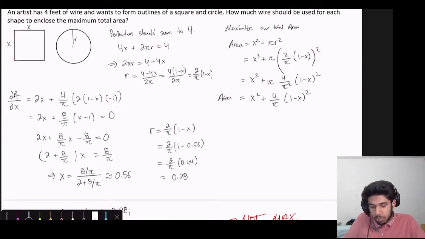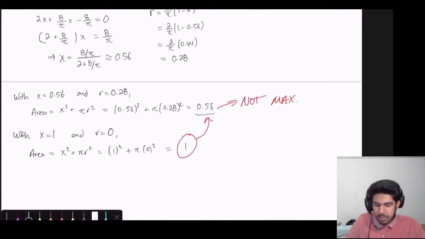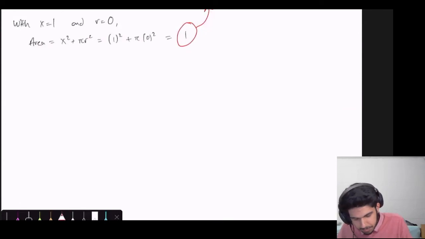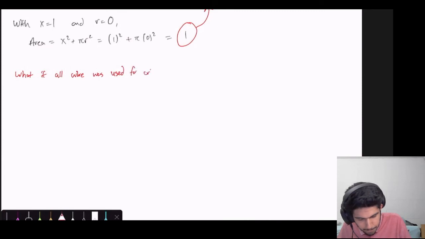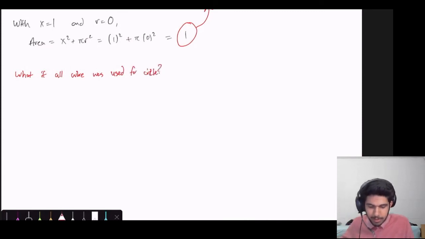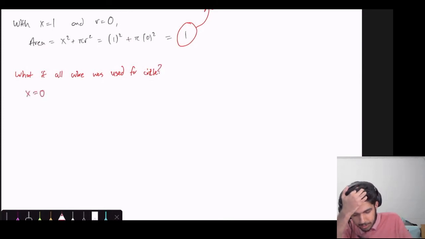Now you're thinking, okay, I said what if we just put all of the wire for a square? Why don't we just put all of the wire for the circle instead? So what if all wire was used for the circle? Then we have x equals 0 and r equals, well, we don't know what it is.